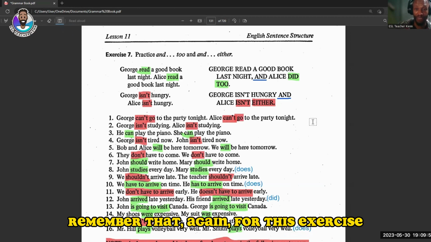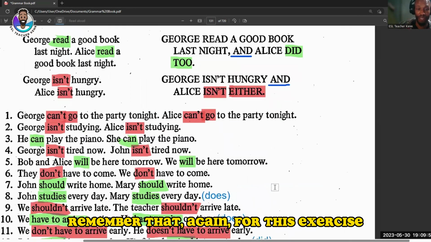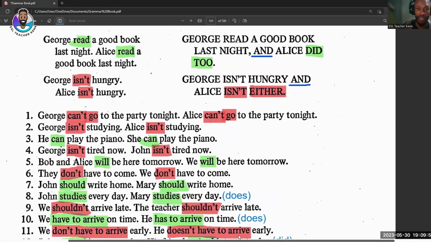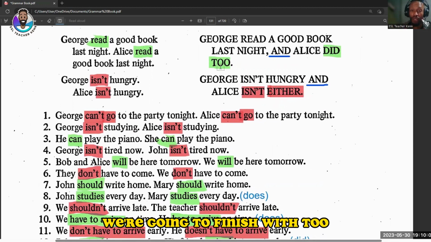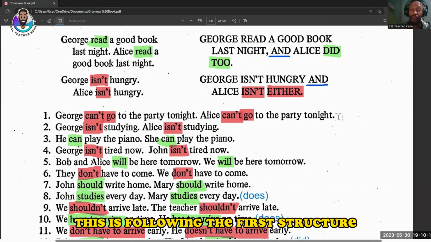Now, remember that, again, for this exercise, if we have two affirmative ideas, we're going to finish with too, and if we have two negative ideas, we're going to use either. This is following the first structure.